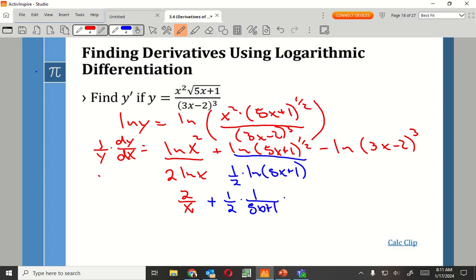Times the derivative of the inside, which is 5. And I'm going to put 5 over 1 just so we could have a placement here.